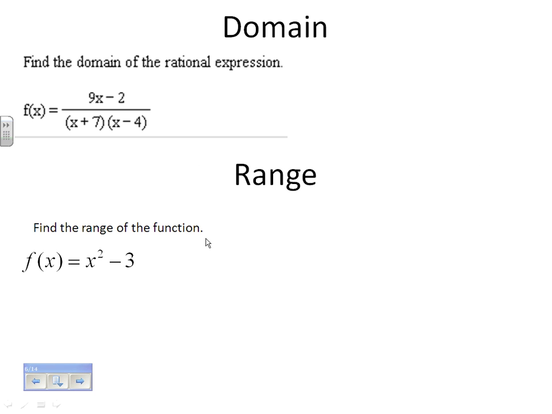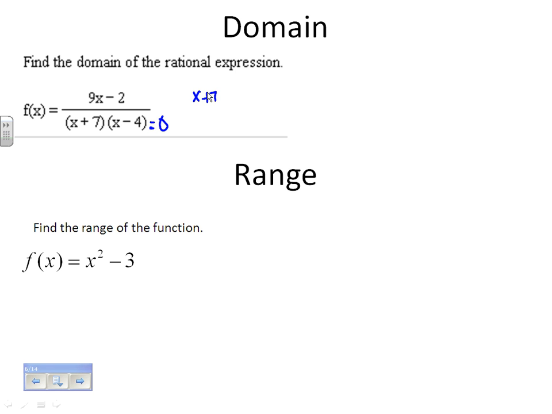Okay, for domain up here on the top, it asks us to find the domain. We have a fraction, so what I'm going to do is set the bottom of that fraction equal to 0, because any place where the bottom equals 0 is a place that is not in my domain. I already have two factors, they were nice and they factored it for us for this problem.